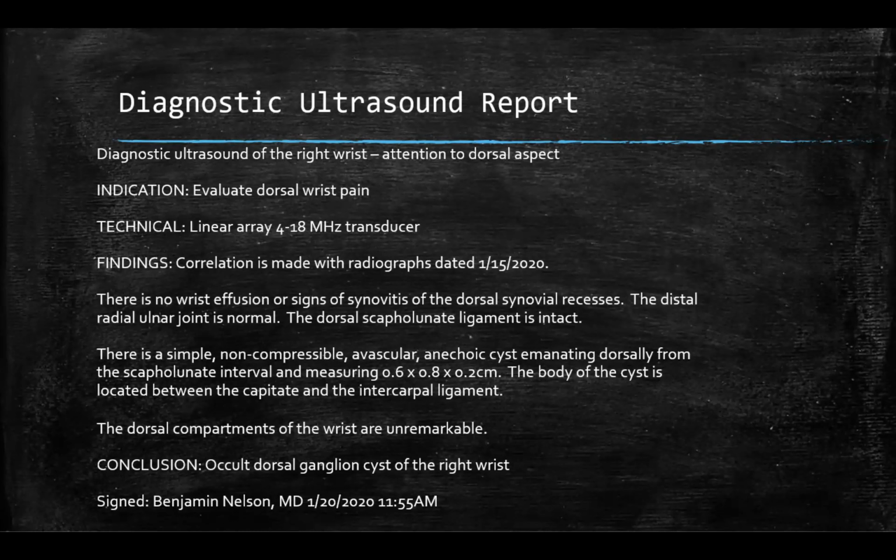The second comment I'll make is, ultrasound has allowed us to see occult dorsal ganglions with a significant amount of frequency, certainly more than MR, especially if there's an arthrogram associated with the wrist MR. And a lot of them can be asymptomatic.